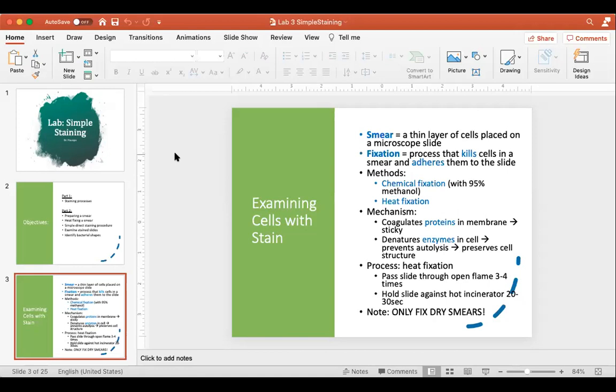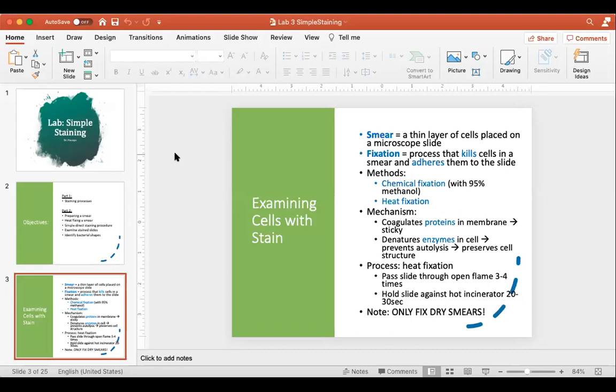If you forget and you don't fix the cells to the slide, you will simply wash them away. And believe me, I've done it. Plenty of other students have done it. You have to remember the fixation step so that you don't accidentally flush your precious cells down the drain.